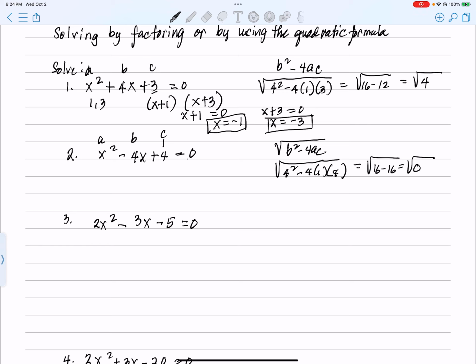Now when we look at c, we must look at the factors of c that, when we add, will give us negative 4.